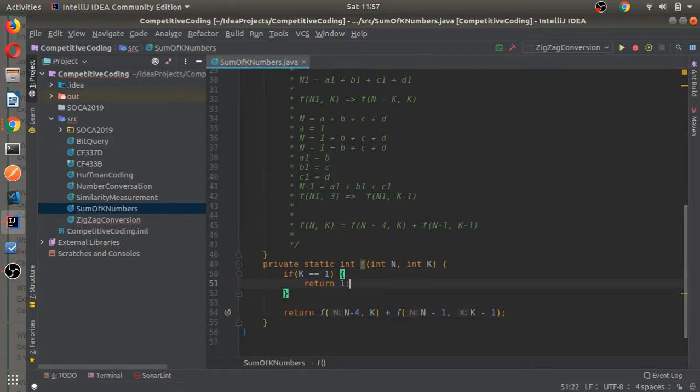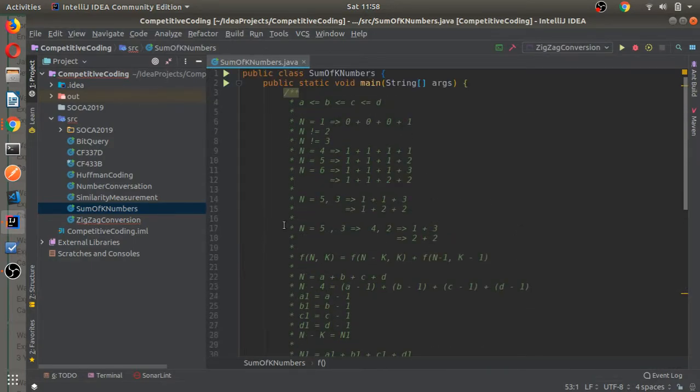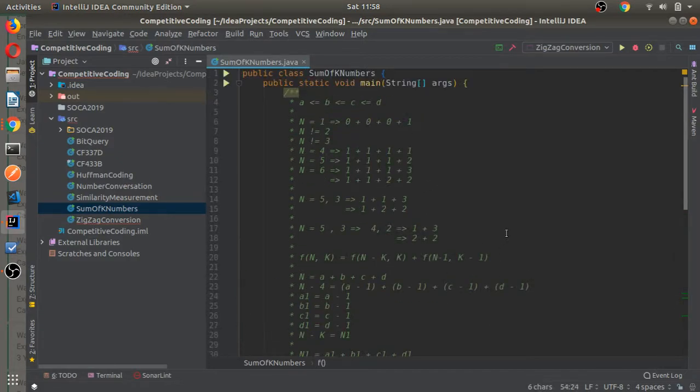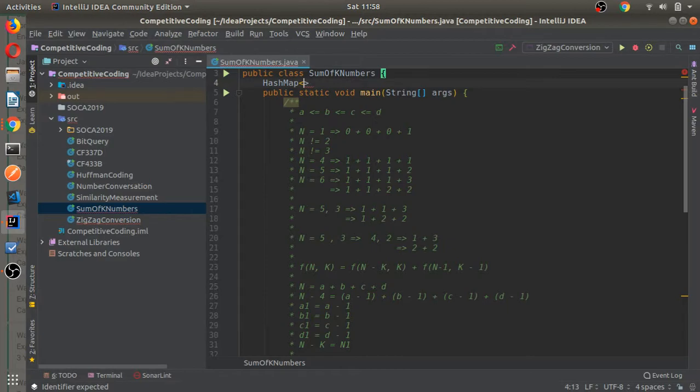So that is all we need to do, just that we can optimize it a bit further. Since there may be some recomputation in n minus 4, k, we may need to save this. So let's do that. Hash map, n and k, right? We don't need a hash map here, but let's do the hash map only.